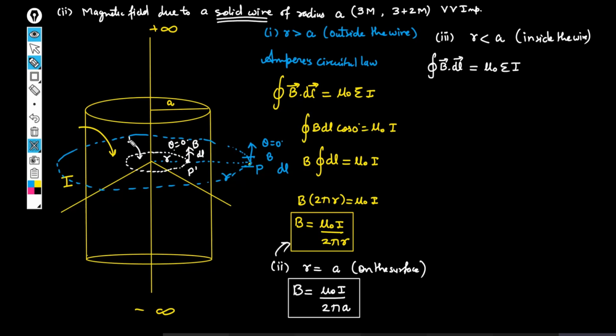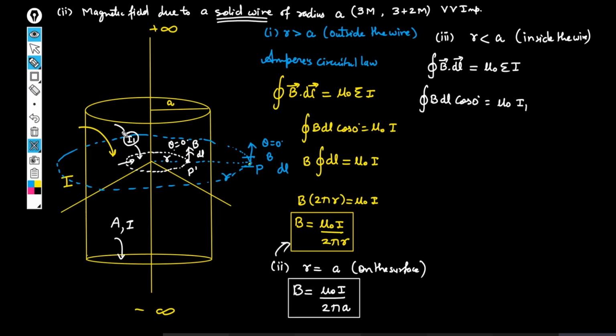Let's say I1 current is passing through it, because in the first case, from the complete cross sectional area A, current is passing, that is I. Now here the cross sectional area will be less, so the amount of current will also be less, that is I1. So if we open this, it will be closed integral B dl cos 0, then mu naught, and summation I will now give us I1.